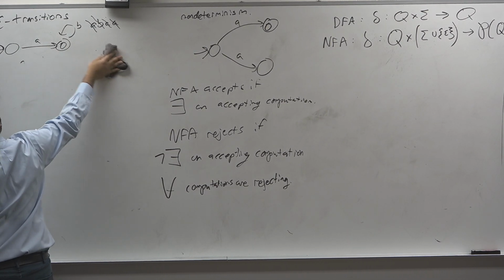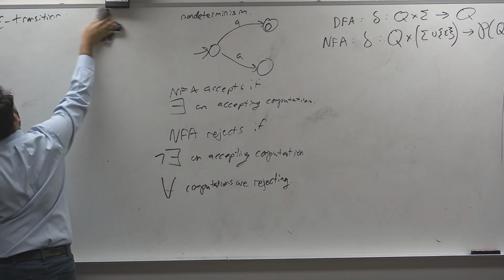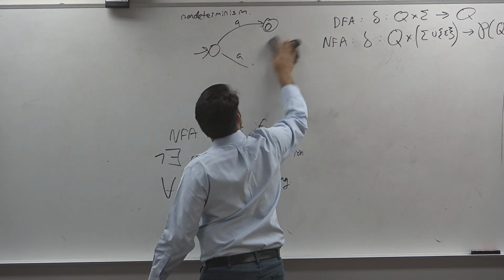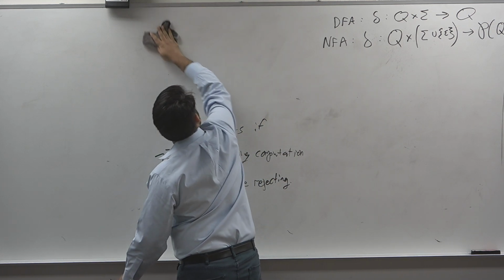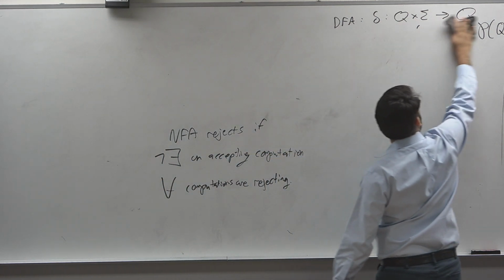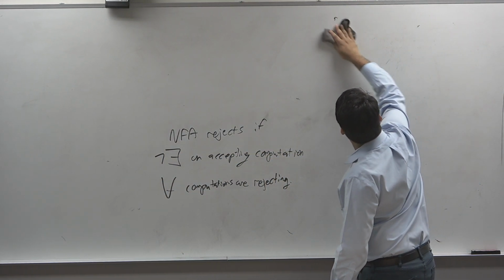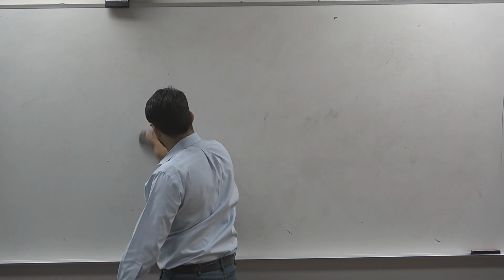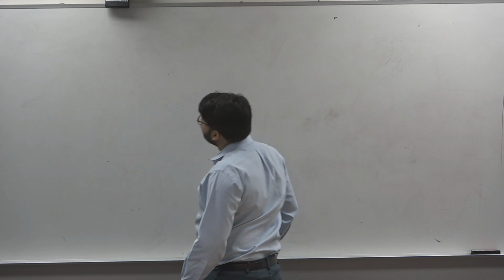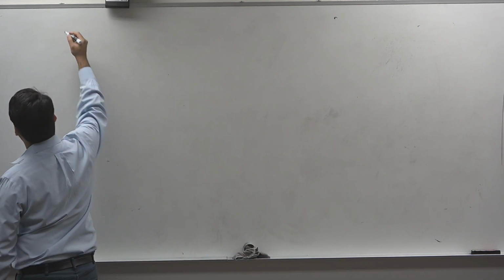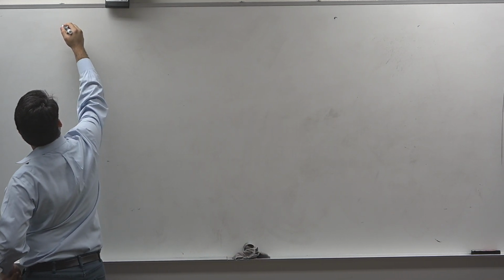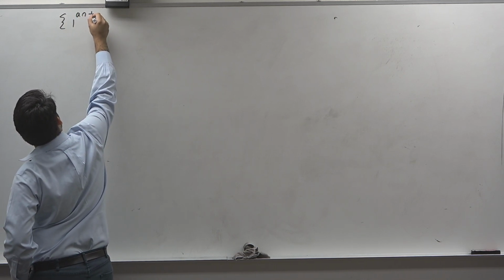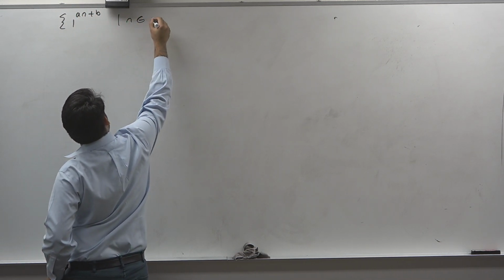Let's do a few more. So suppose we did 1 to the an plus b for n a natural number.